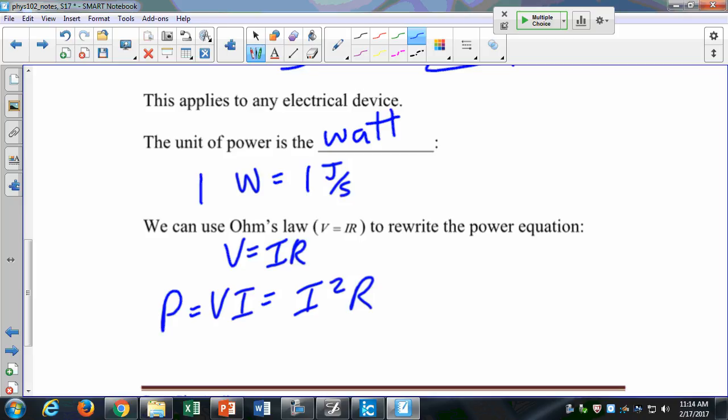I can also say that P is equal to V squared over R. That is substituting I equals V over R, and I get V times V over R. All three of these are on your equation sheet. Don't memorize them. If there's anything you memorize, just memorize the more fundamental one. Then if you need a different value, you can substitute Ohm's law in or use Ohm's law to calculate whatever it is you don't know, the voltage or the current.